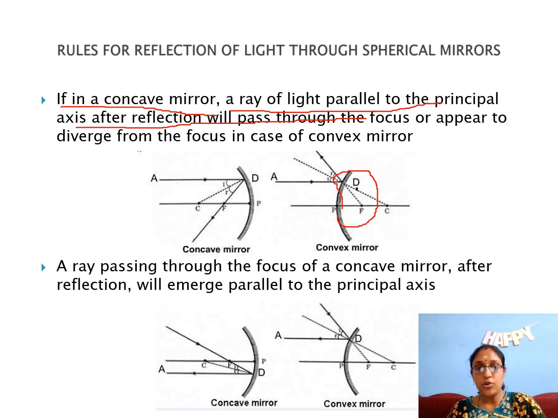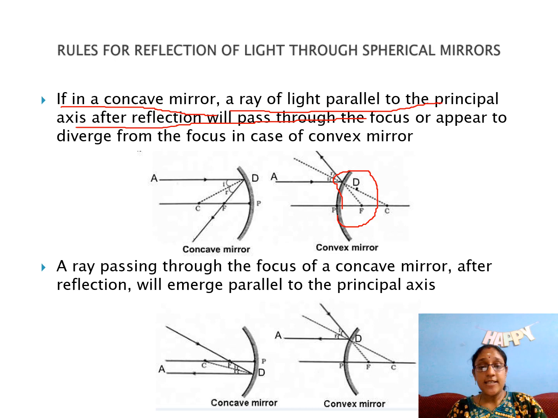So this is your first rule. What is your first rule? Whenever a ray is parallel to the principal axis, the reflected ray will pass through the focus. But in the convex mirror, it appears to diverge from the focus.